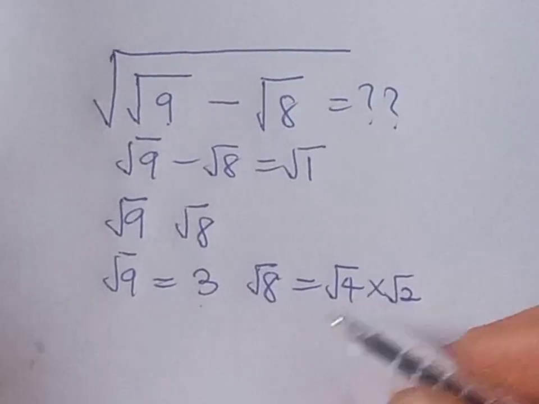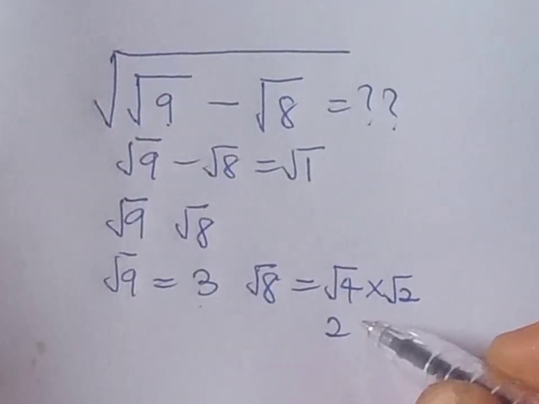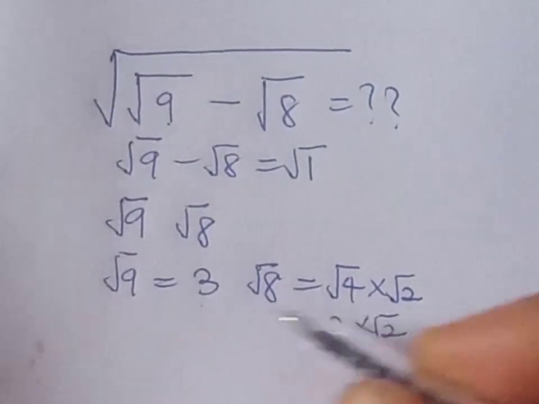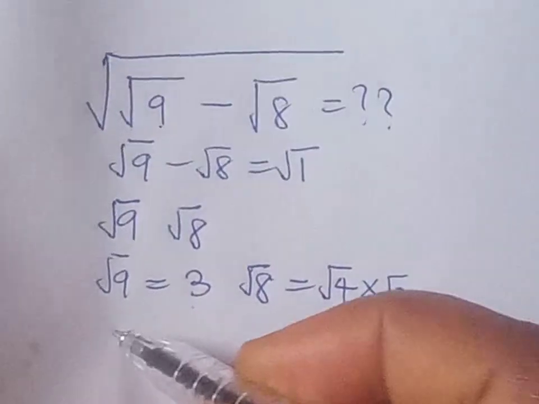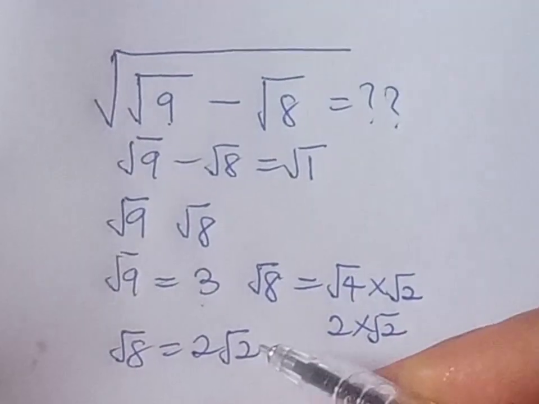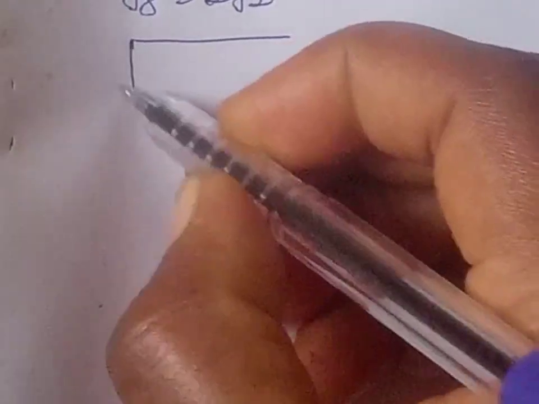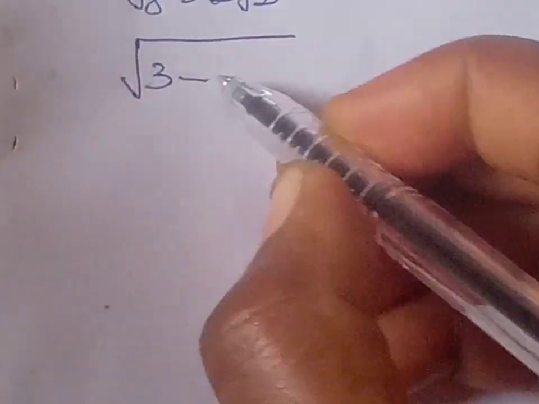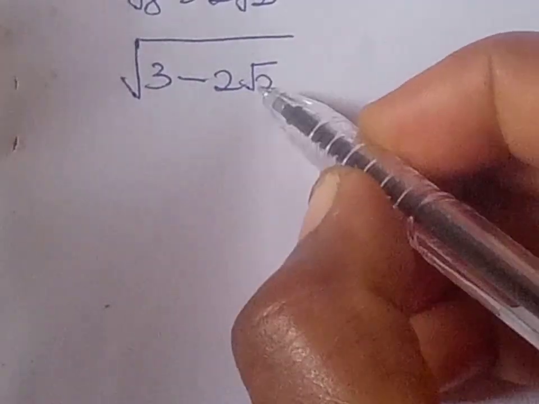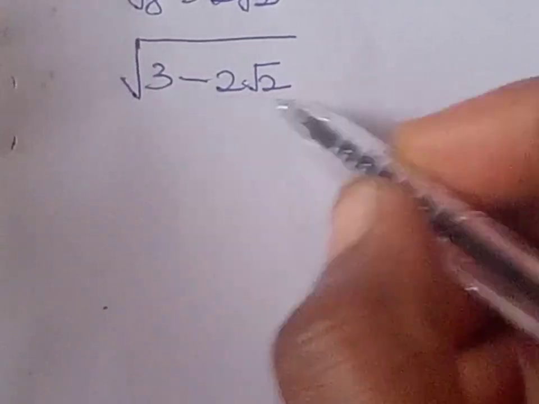So root 4 is what? That is square root of 4, which is 2, times root 2. So square root of 8 will give us 2 root 2. Now let's write our expression, which becomes square root of 3 minus 2 root 2. Now we've been able to simplify the inner square root.